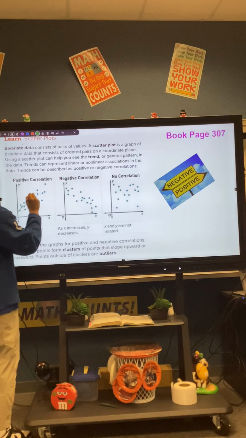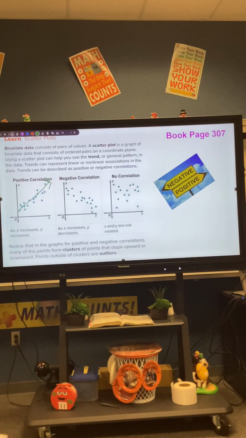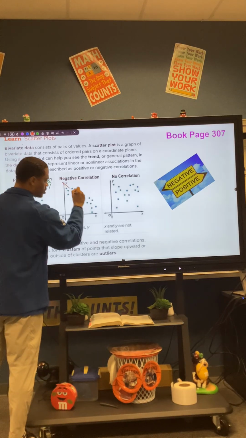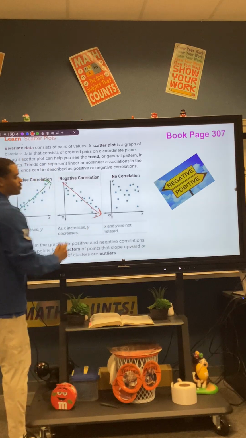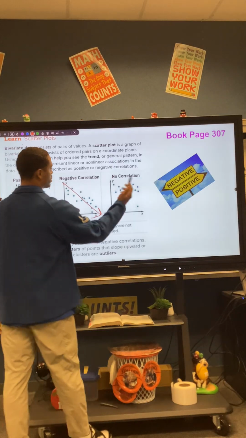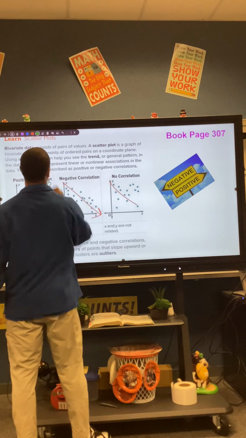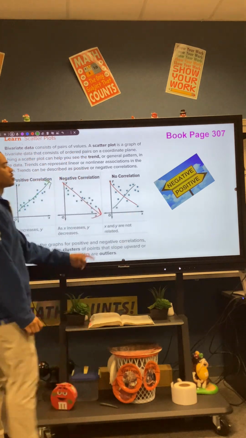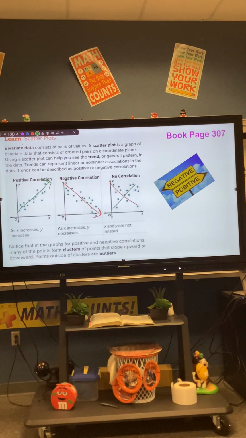So positive, because my points are going up on my graph, that means it's positive correlation. A negative correlation means that my points are moving in a direction that is going down. And no correlation means they're just points all over the place. We don't know if it's going down or up, because it looks like it's going both ways. There's no correlation.